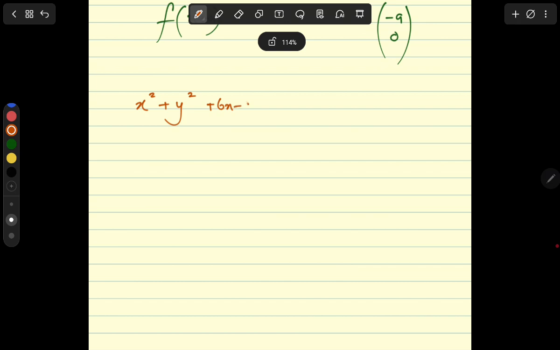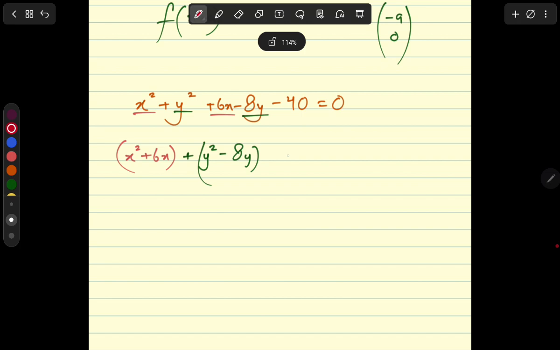Plus 6x minus 8y minus 40 is equal to 0, and you have to prove that this is the equation of a circle. So first of all, let's collect the like terms. So x squared plus 6x, let's put those together, right, and put a bracket around it. Then let's collect y squared minus 8y, so this becomes plus y squared minus 8y, and I put a bracket here as well, and let's move the constant to the other side, right? So is equal to 40.